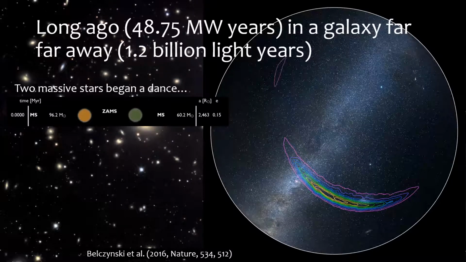So that's as shown on the right with these colored contours. So there's the Milky Way band, and these contours are outlining where we think that galaxy was or is. This pair of stars, called a binary, has a total mass of 156 times the mass of our own sun, with one of them shown in yellow on the left side graphic, nearly 60% more massive than the other.